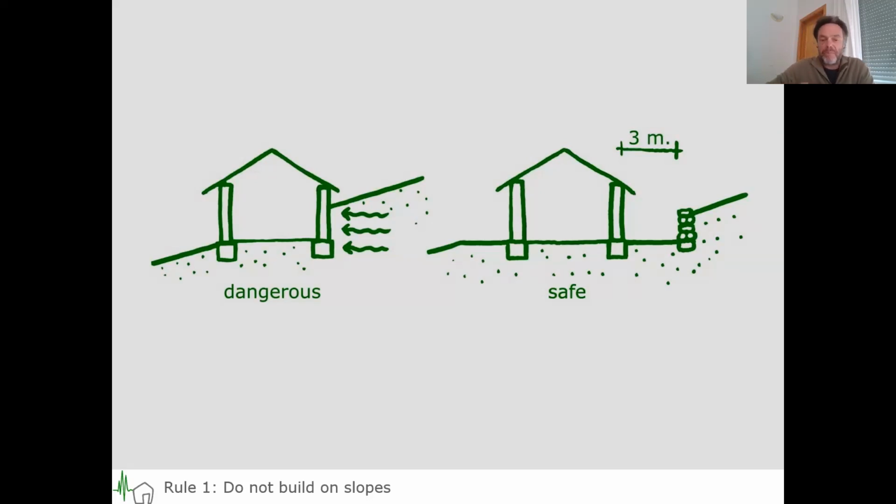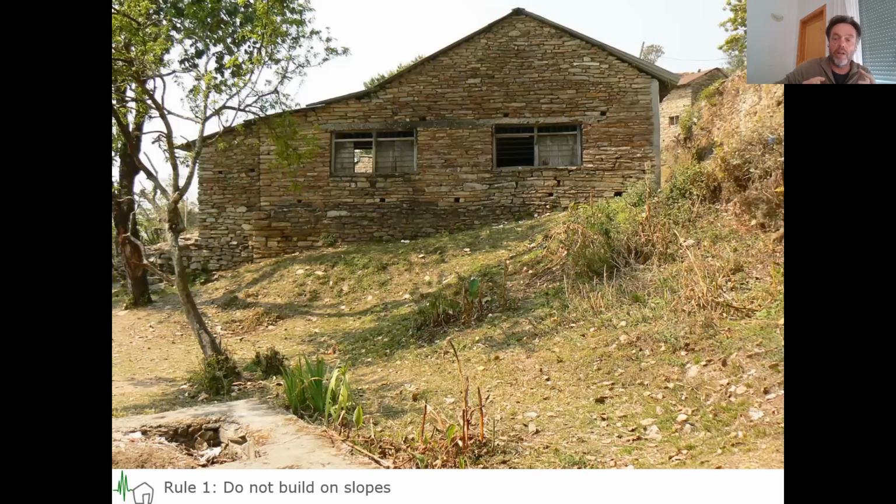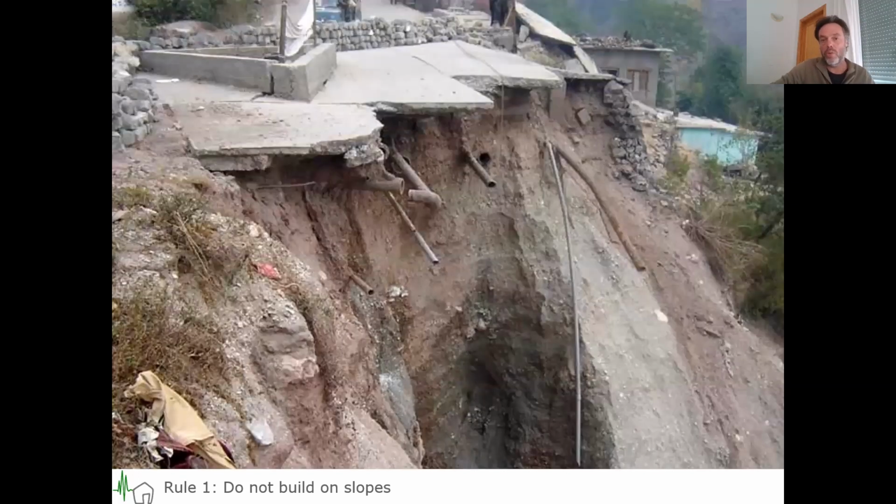So, okay, rule number 1, do not build on slopes, because that's dangerous. The closer you are to an edge, first of all, it means a very uneven settling in your foundation. That's one thing. And the second thing is, the closer you go to an edge, you have the risk of landslides.